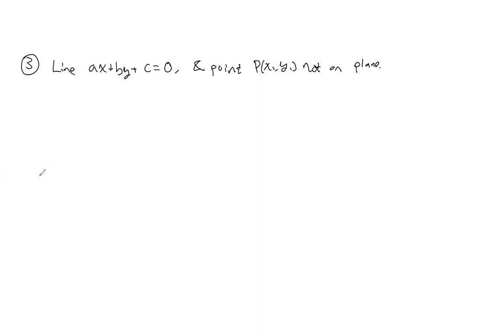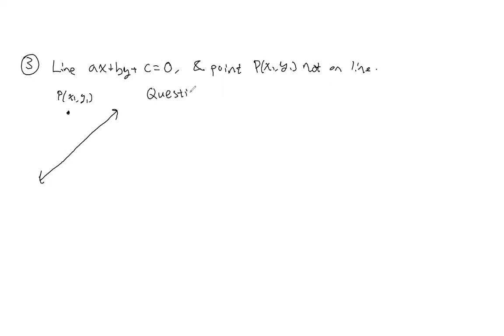So what's our scenario? We've got a line in two-dimensional space, and you've got a point P, x1, comma, y1, that's not on that line. Oh, line, not plane. Not on line. Oops.